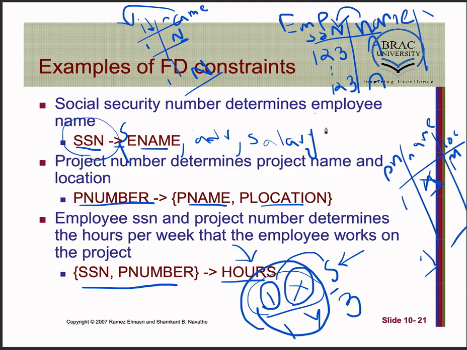The social security number determines the employee name, their address and their salary. Again, by default all attributes depend on the primary key, but there can be functional dependencies on something other than the primary key.